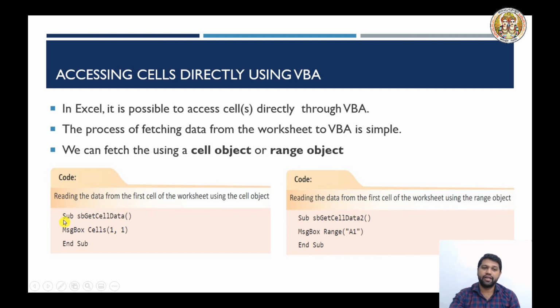And also we can define the row number and the column number. In columns we have alphabets, instead of that 1 and 2 we can define, and also we can define the range also. By that also we can get the values which are available in that particular cell. So let us try that also.